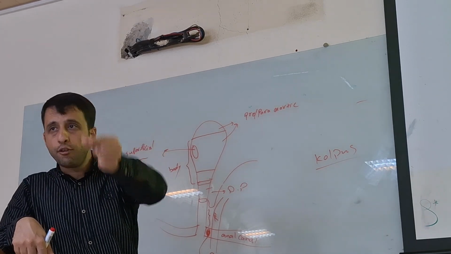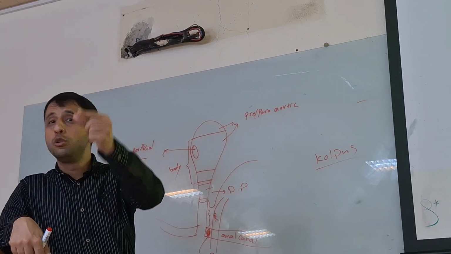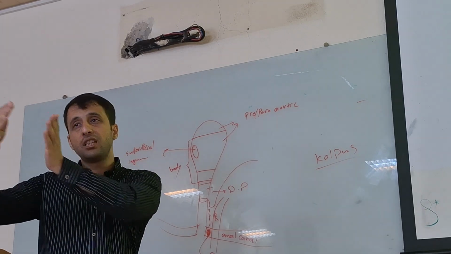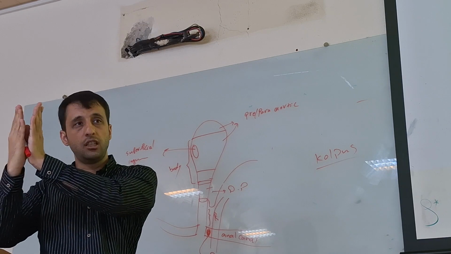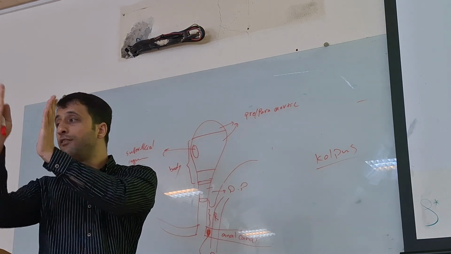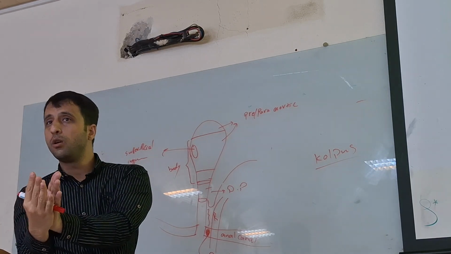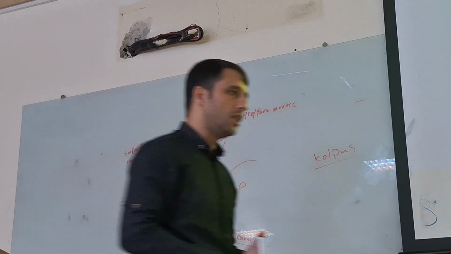If the urethra is falling down, it is named urethrocele. If posteriorly the rectum, because the rectum is adjacent to the posterior wall of the vagina, is falling down, it is named rectocele.